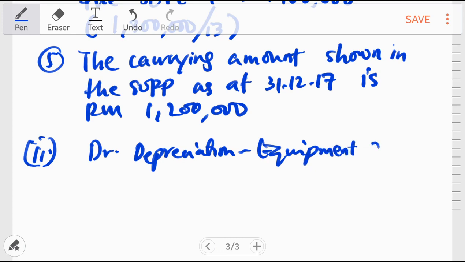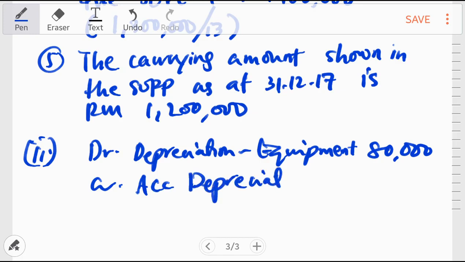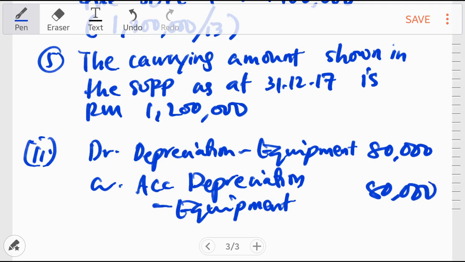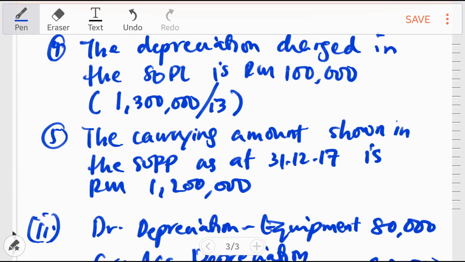And remember it was 80,000. I earlier showed you the working for 2016. So credit accumulated depreciation for your equipment, the same figure.